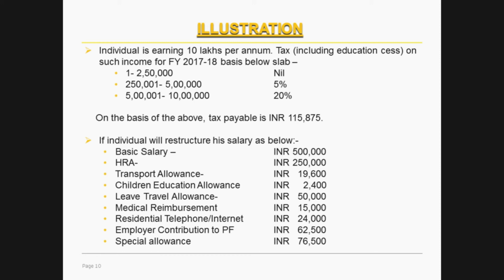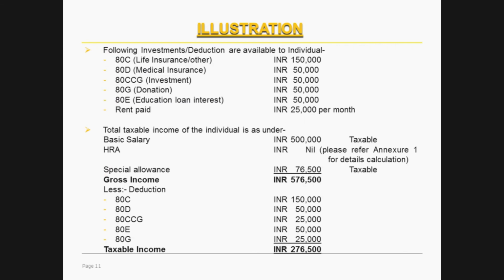If the individual restructures his salary on the basis of the below components like basic salary, HRA, transport allowance, children education allowance, leave travel allowance, medical reimbursements, residential telephone or internet, employer contribution to PF, special allowance. If the individual has made the following investments such as Section 80C, 80D, 80CCG, 80G, 80E and rent paid 25,000 per month.